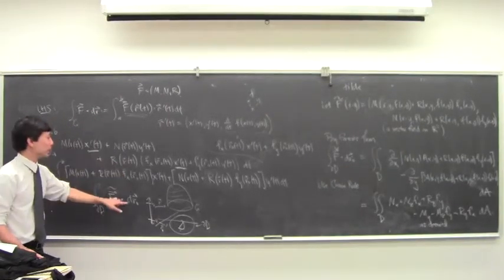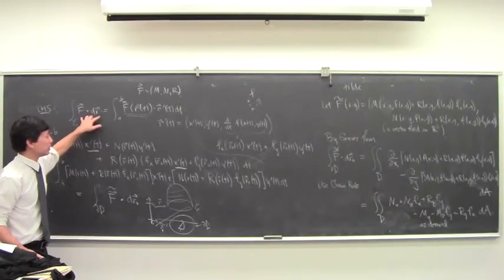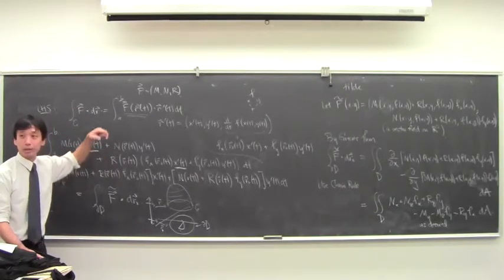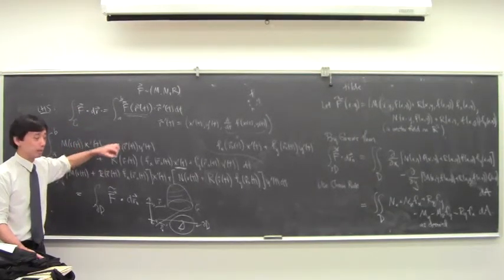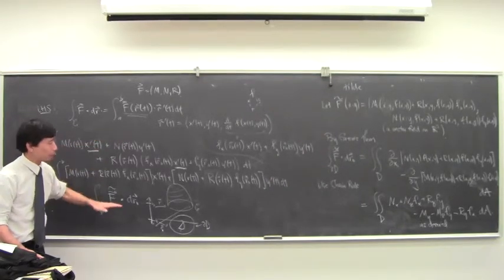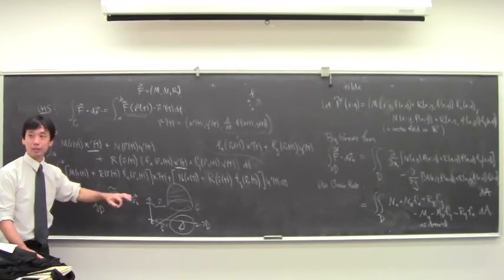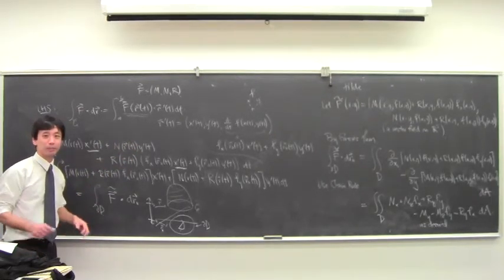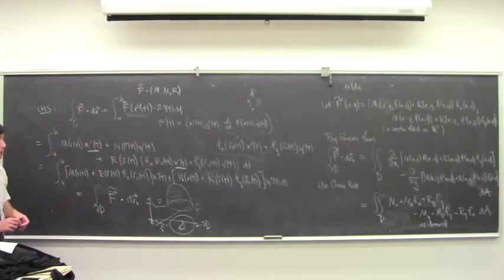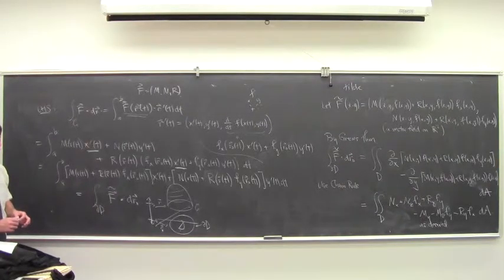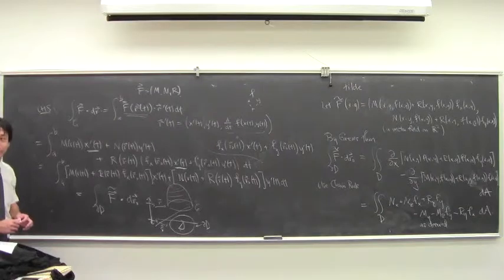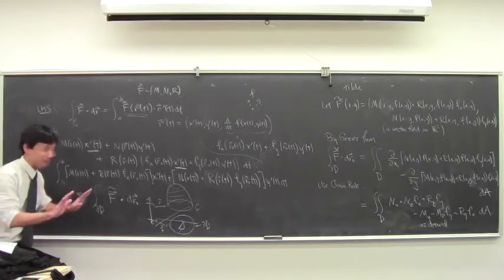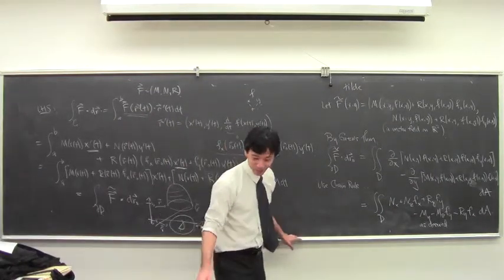This is really the key thing, to recognize that this integral, the circulation around this curve in space, can be dropped down onto the circulation around this curve in the plane, right? And then you apply Green's theorem to it, and it turns out to be the same. Okay, that's it for that.